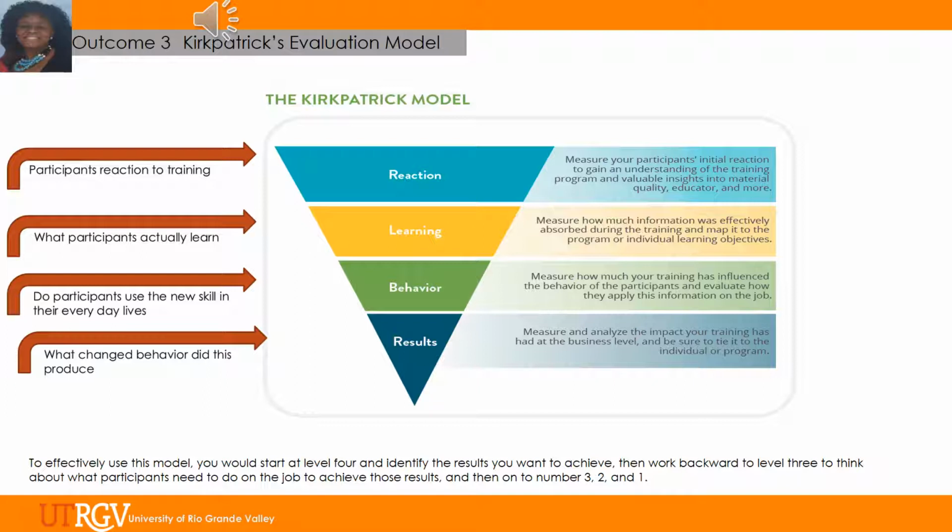And I will be presenting Kirkpatrick's four-level evaluation model to you today. Before we get started, we're going to address 7 of the outcomes for today's presentation. One is to introduce Donald Kirkpatrick, who's the developer of Kirkpatrick's four-level evaluation model, as opposed from the top down. Discuss the performance of the evaluation model.